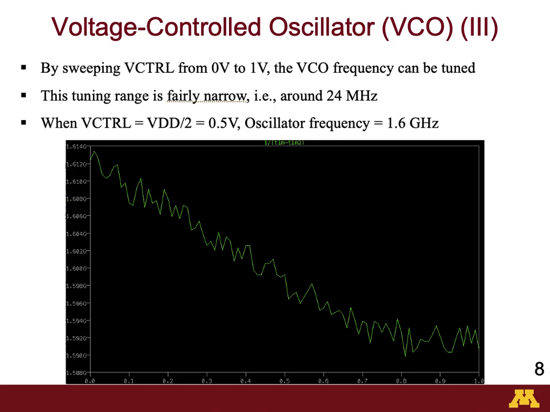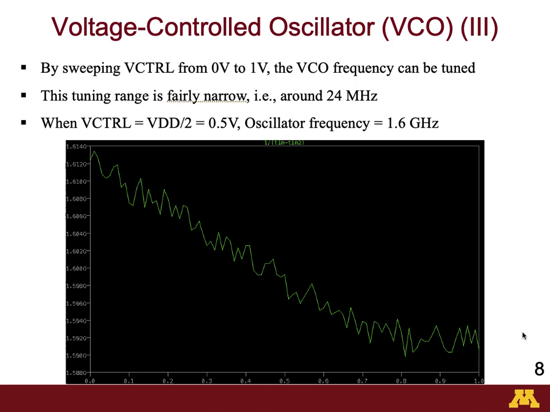As we can see from the plot, sweeping VCTRL from 0 volt to 1 volt, we can tune the center frequency from around 1.613 gigahertz all the way down to around 1.590 gigahertz. So this is fairly a narrow range, I would say, around 14 megahertz or so.